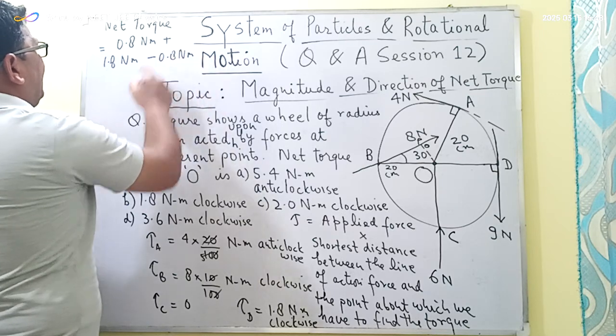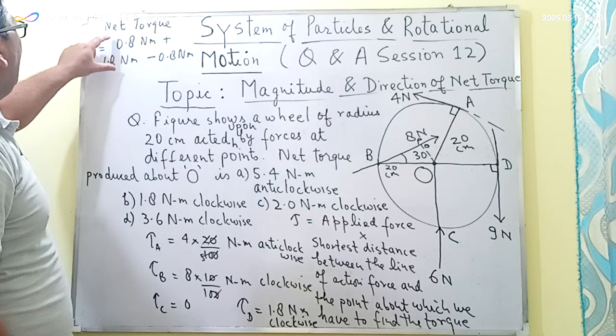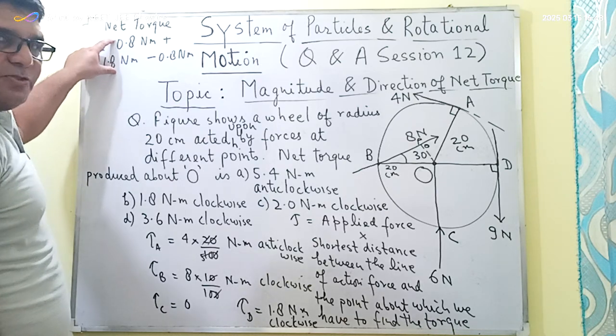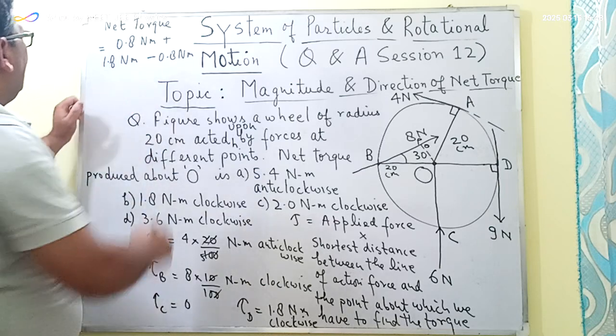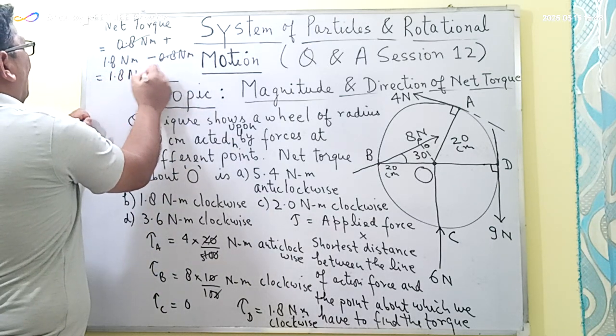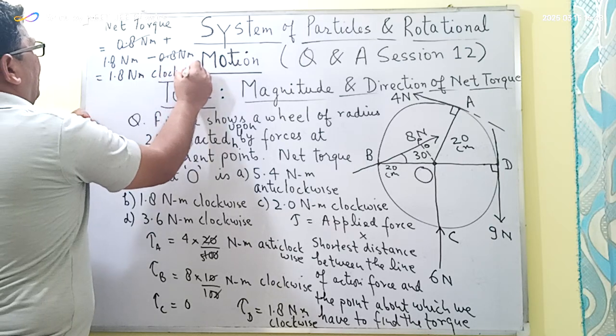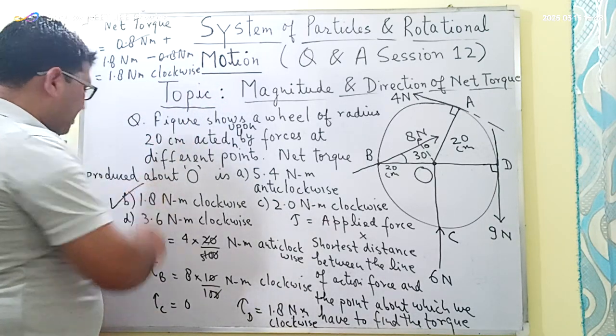Here I have used a minus sign because if I take the torque in the clockwise direction as positive, then the torque in the anti-clockwise direction will be negative. So this and this will cancel out. Finally I am getting 1.8 Newton meter clockwise. So the correct option here is B.